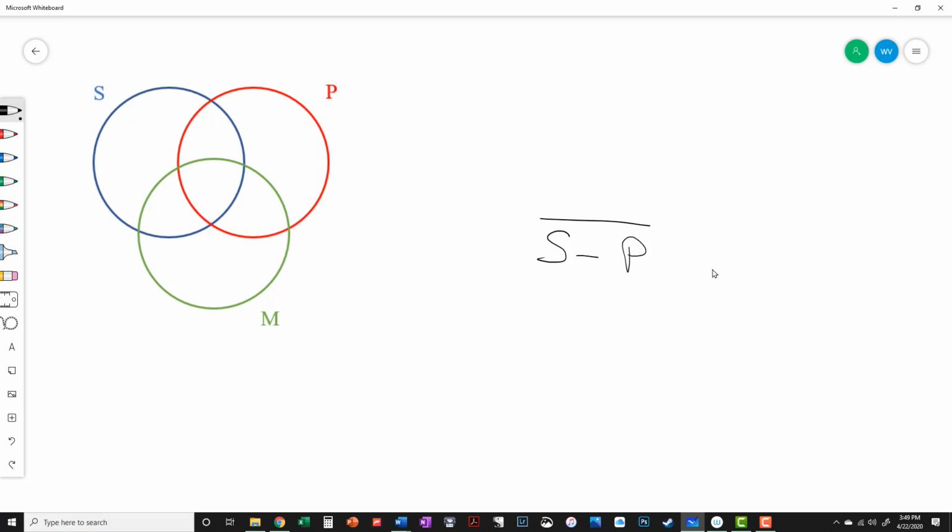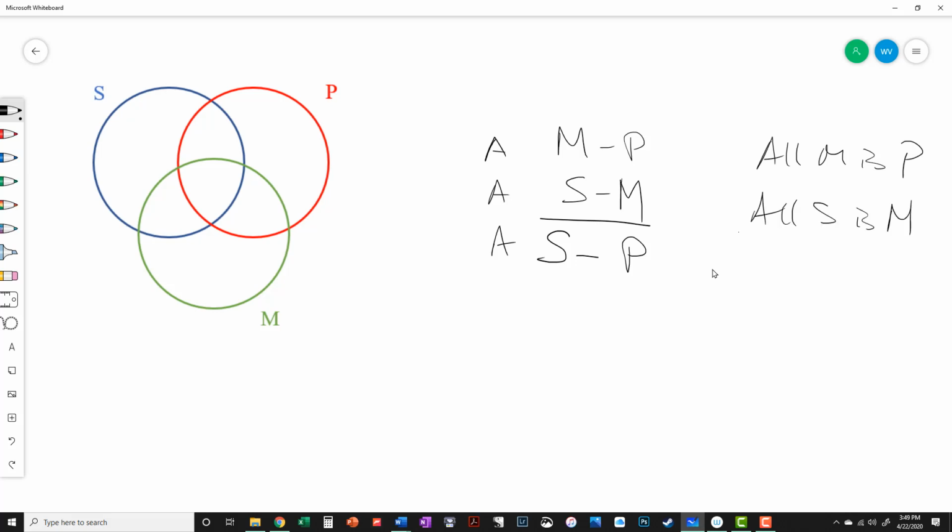Now, let's do a Barbara. So we're going to be in first figure with the middle term sloping down to the right. And that means this is the sketch of our argument, and we're dealing with A in each of our sentences. So we have all M is P, all S is M, therefore all S is P. Now, a fun exercise is to try to substitute in for M, P, and S with terms that make these sentences true.